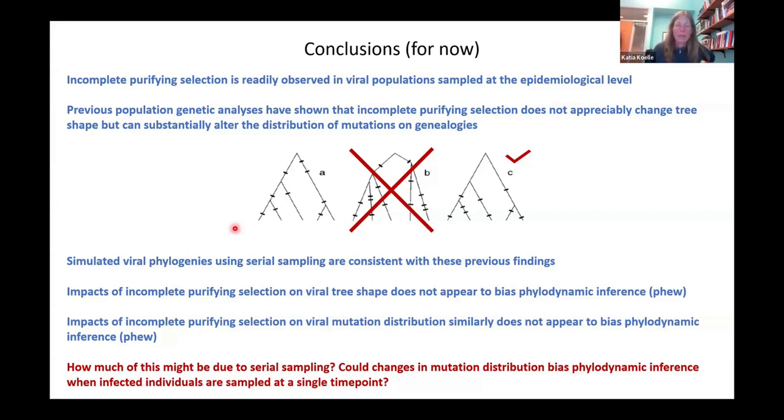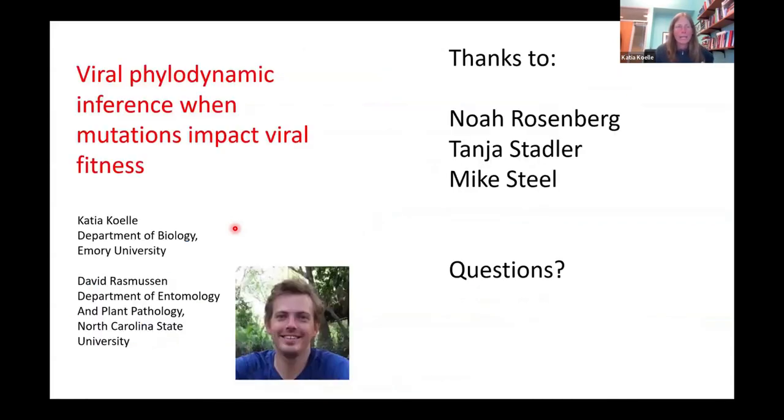And so we are performing some simulations right now that are looking at sampling in different ways, and seeing whether phylogenetic inference really is just being rescued because of the serial sampling that is generally done.